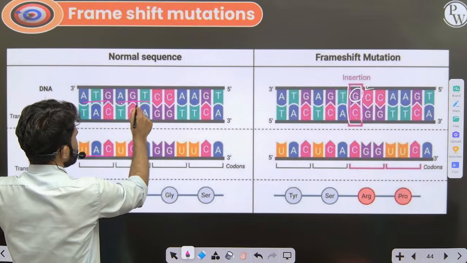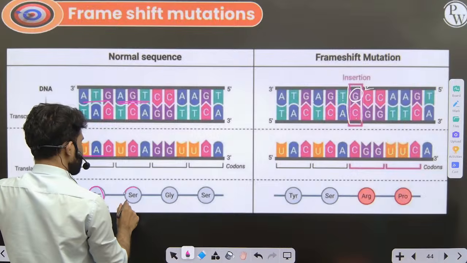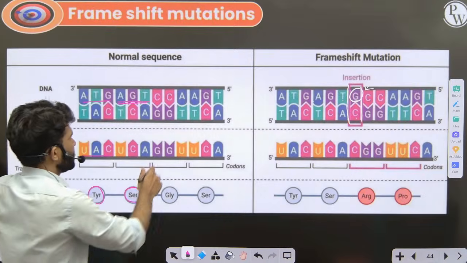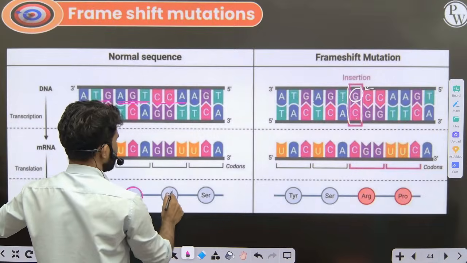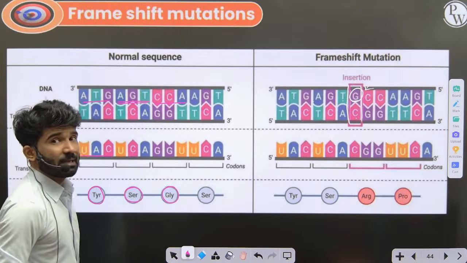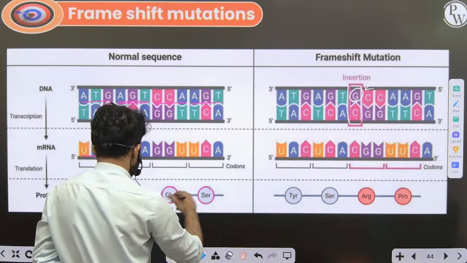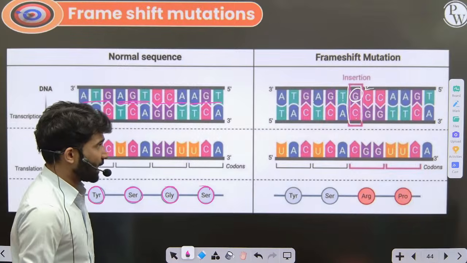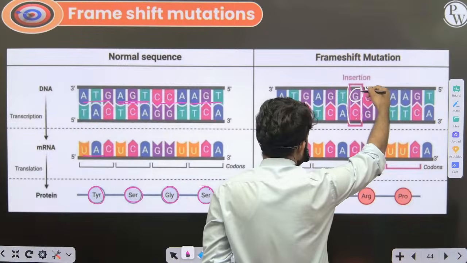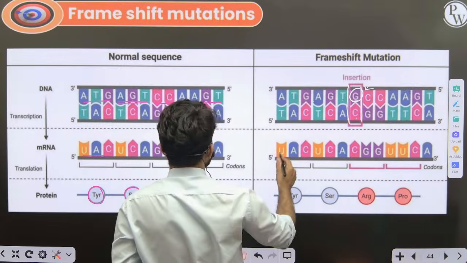AGT is coding for the amino acid serine. And CCA is coding for the amino acid lysine. And AGT is coding for the amino acid serine again. What happens if another base pair is inserted here?